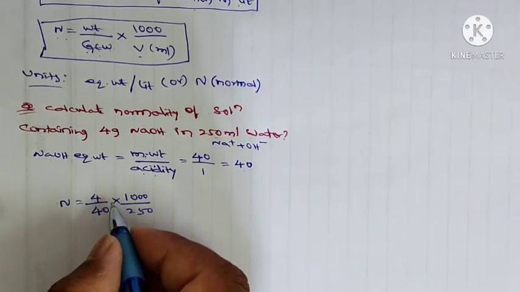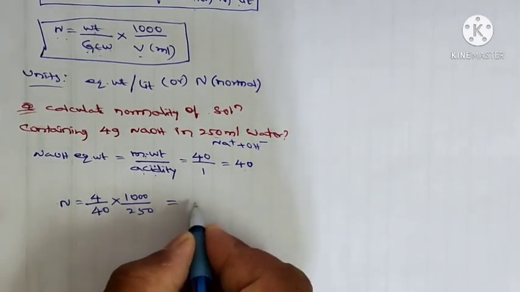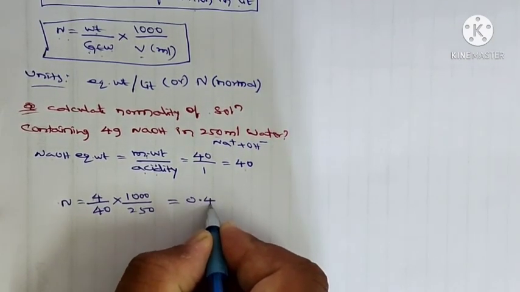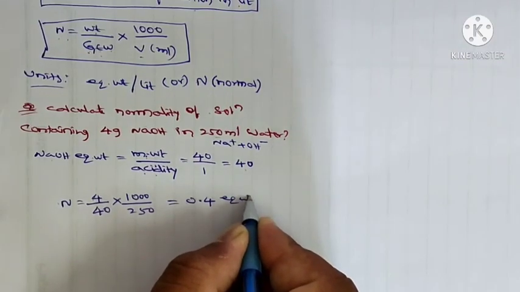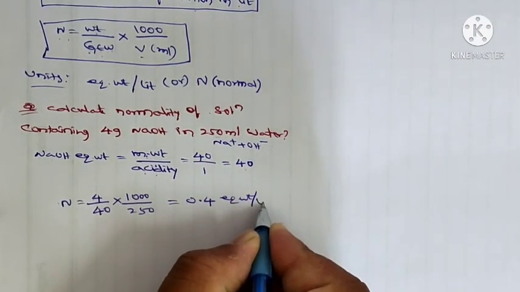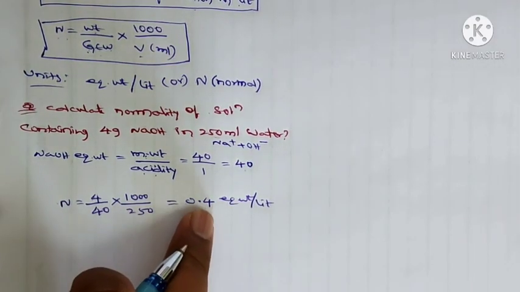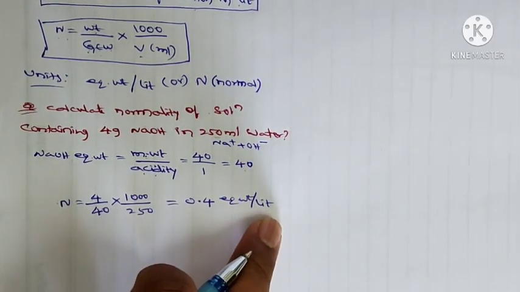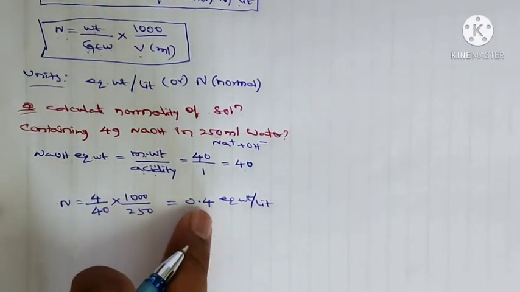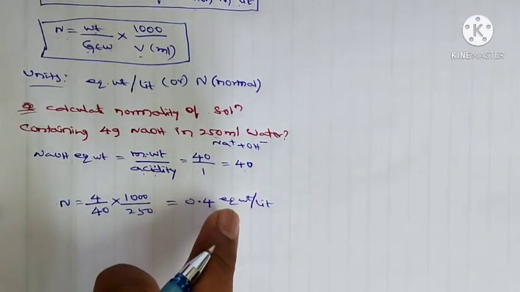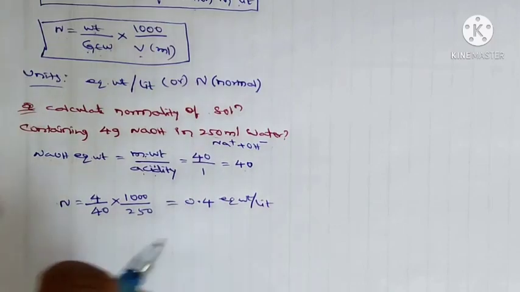If you do this calculation, we get 0.4 equivalent weight per liter. So N is equal to 0.4 equivalent weight per liter, or N is equal to 0.4 normal.